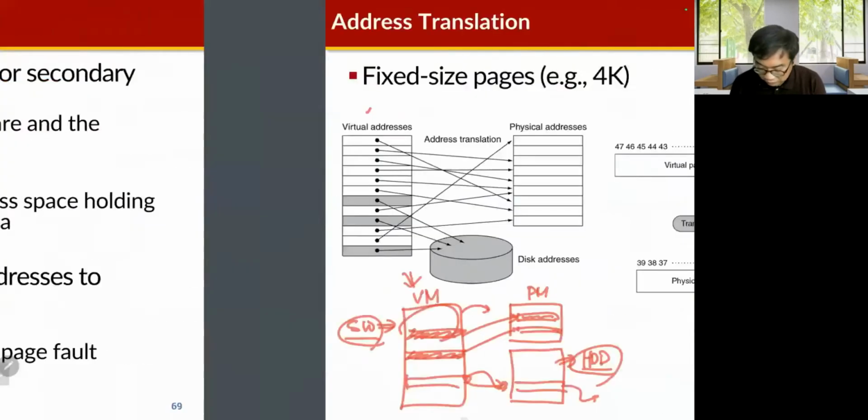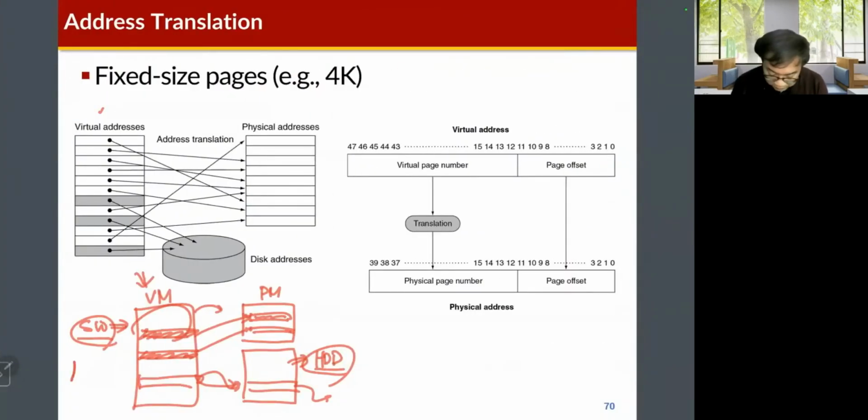So when the load instruction accesses this data with the virtual address, we translate this virtual address to the physical address, and with this physical address we can access the real data in physical memory, DRAM. Then the computer system provides the data with the physical address.